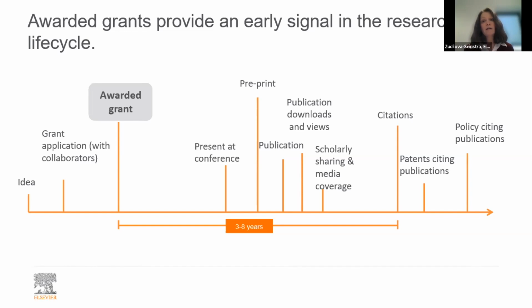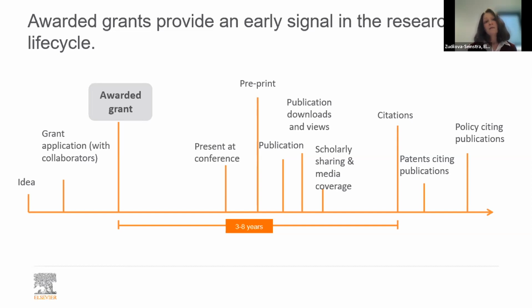First it will start attracting views and downloads and media coverage. And only around 3 to 8 years after the beginning of the project, you will start receiving citations. And then later, the same citations also appear in patents and policy documents.